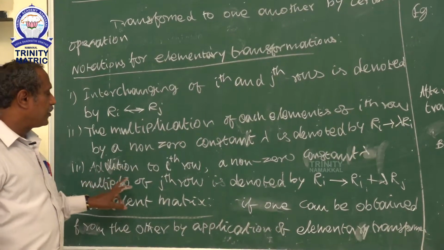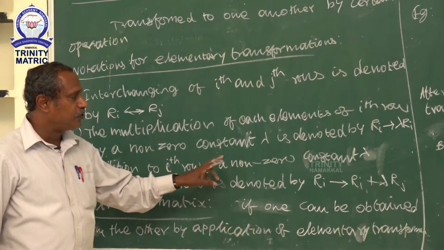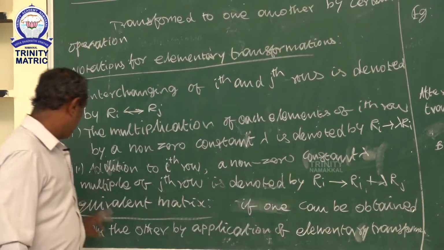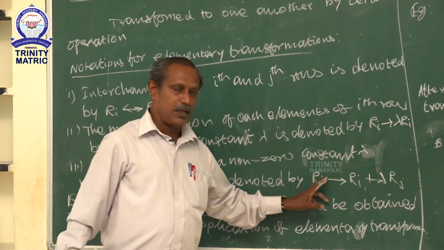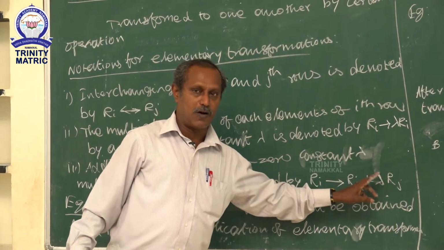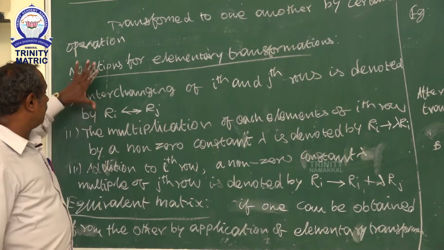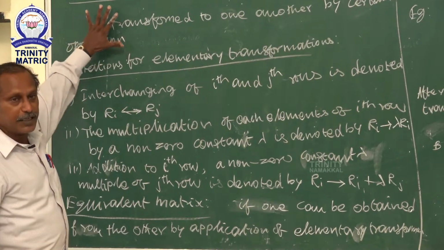Addition to the ith row of a non-zero constant lambda multiple of the jth row is denoted by Ri gives Ri plus lambda Rj. These are the conditions applied for elementary transformation.